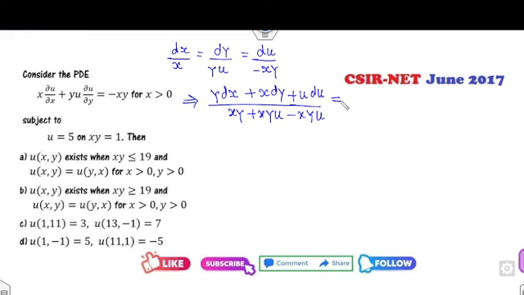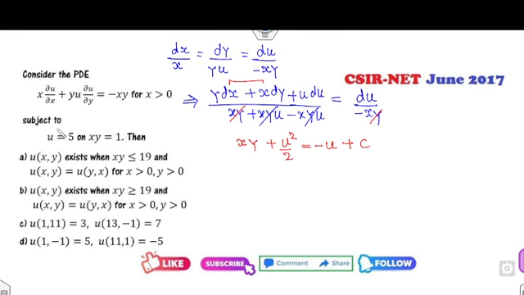Fine. So now you can see I can compare, because the remaining term is my xy, I can take the last term. So what will happen? Again xy will be cancelled. The denominator is minus 1. What is the integration of the first part? Xy. Integration of this is u square by 2. Integration of this will be minus u plus constant.